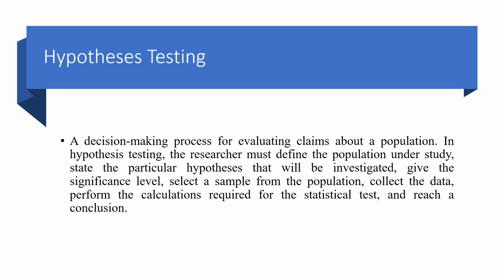In hypothesis testing, the researcher must define the population under study, state the particular hypothesis that will be investigated, give the significance level, select a sample from the population, collect the data, perform the calculations which are required for the specific statistical test, and reach a conclusion. So that's what we call hypothesis testing.